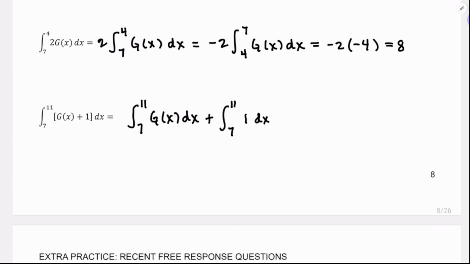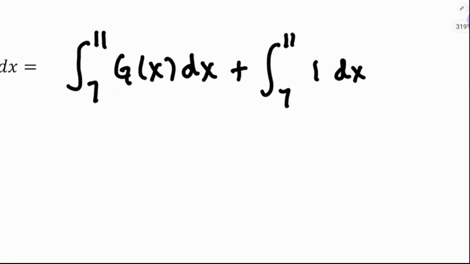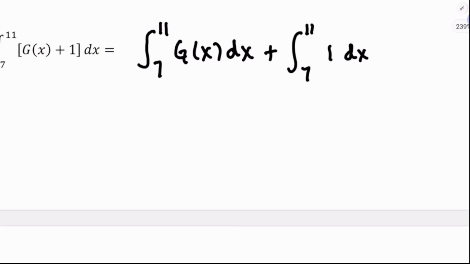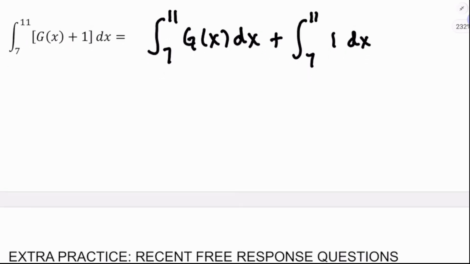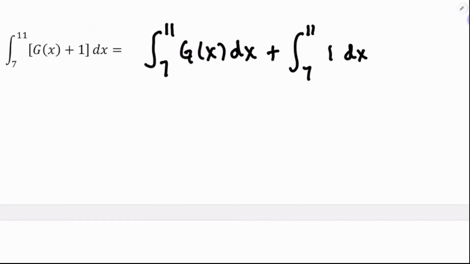I'm going to zoom in on this a little bit. Right here, the integral from 7 to 11 of g, that's going to be 9. We saw that area was 9 from the beginning.